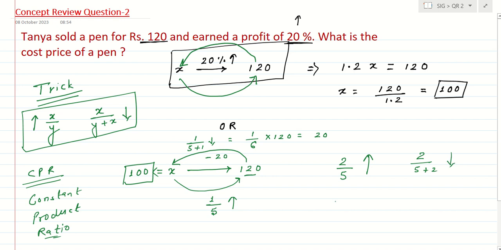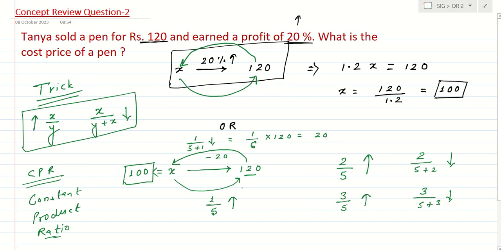If I am increasing a number by 3 by 5, I must decrease it back to get the same number by 3 upon 5 plus 3. Make sense? While increasing, the lower value will be the original value. While decreasing, of course, the higher value is the original value.